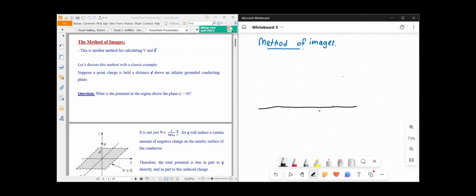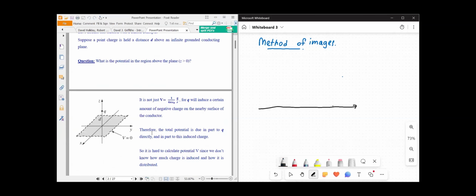So we have, I'll follow this image, the y direction here, and the z direction here, and we have point charge q here at a distance d.